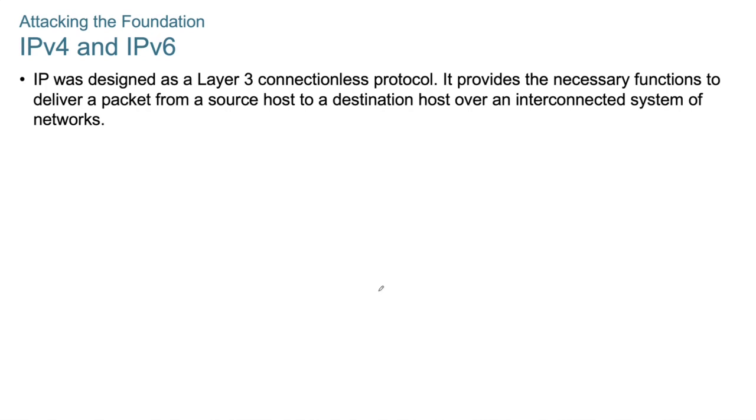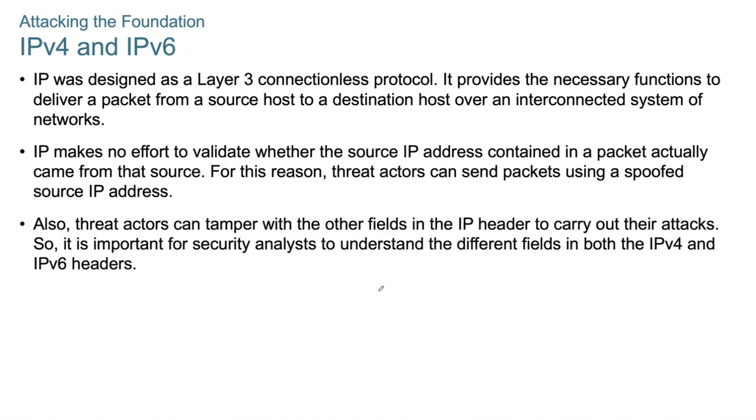In addition, malicious nodes in the network can tamper with other fields in the IP header to carry out their attacks. Therefore, it is important for security analysts to understand the header fields of layer 3 protocols and layer 4 protocols, both IPv4 or IPv6 and TCP or UDP packets. That is the most important part one.